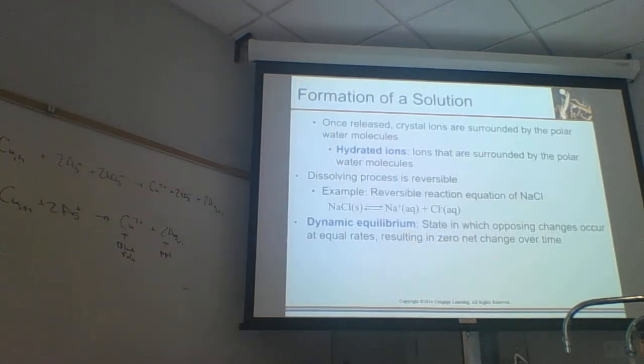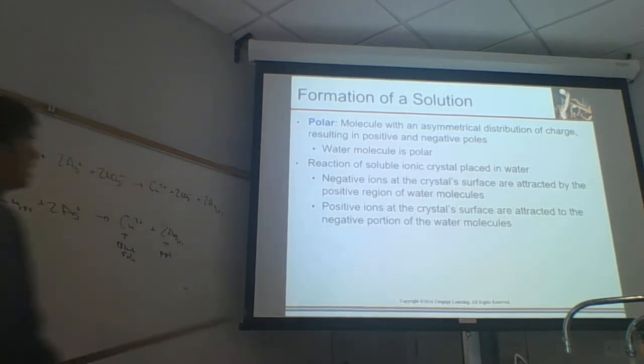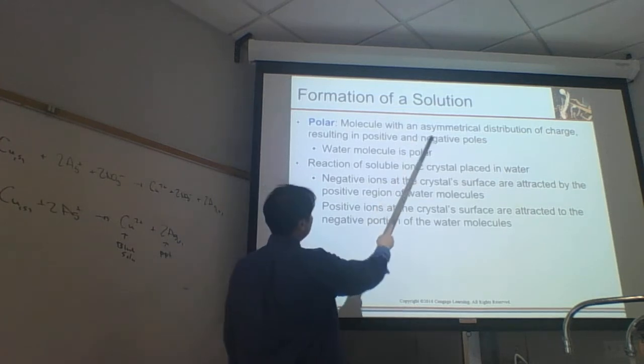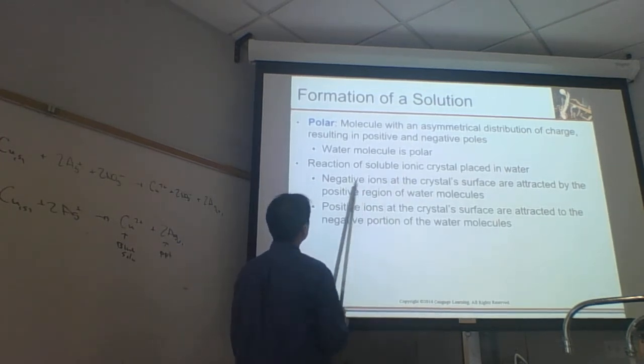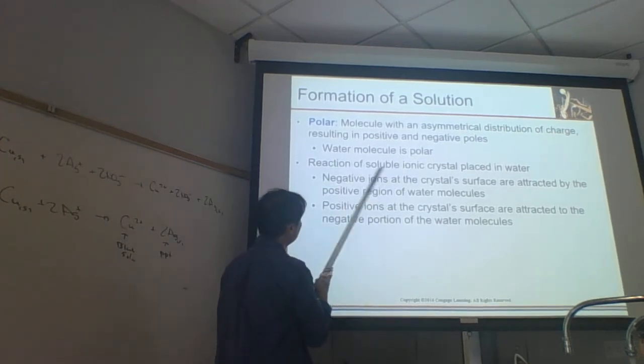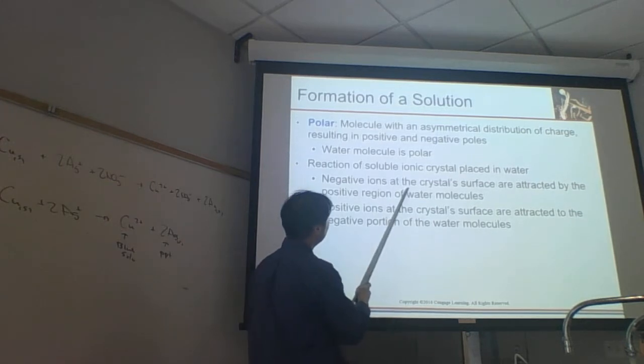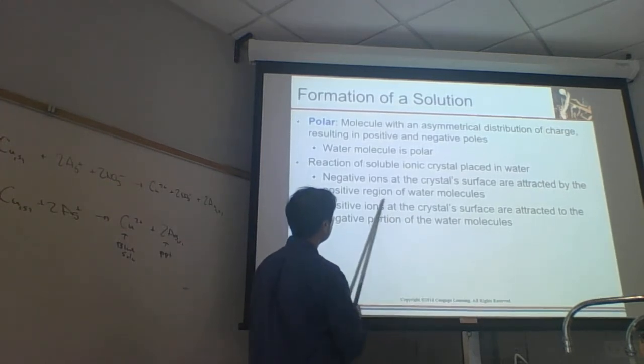So let's go back to this slide just briefly. The basic point of this slide is like dissolves like. That's the first sentence here, the first part. Polar likes polar, non-polar likes non-polar. And then ionic crystals, negative ions are attracted by positive regions.